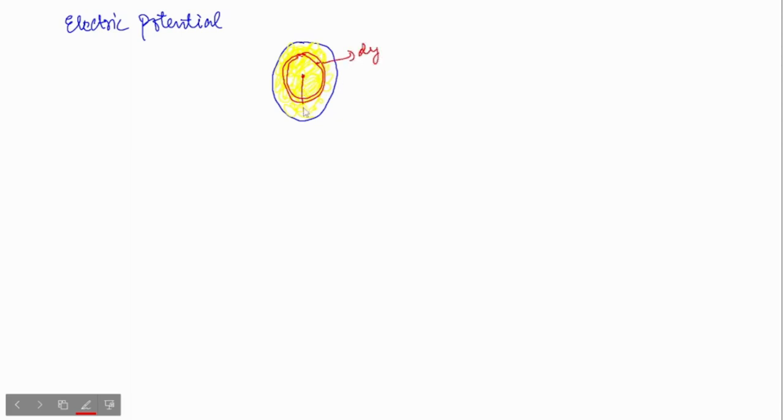This radius is capital R, and this ring is at a distance y, and we need to find electric potential at this point at a distance x. Let's say this point is P. And sigma is given, that is surface charge density.